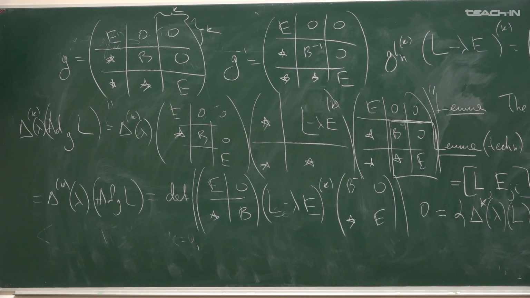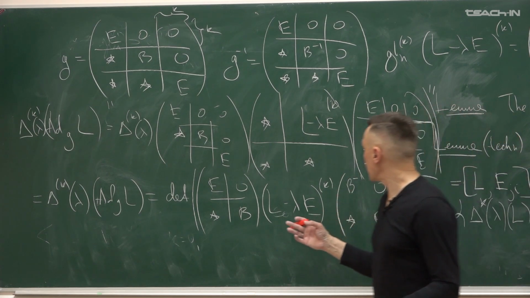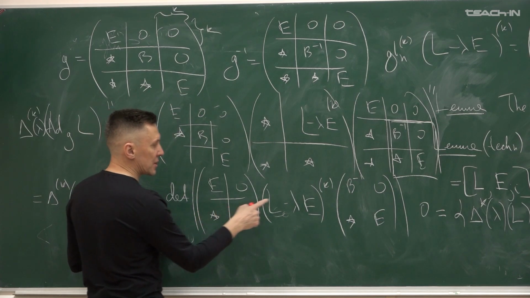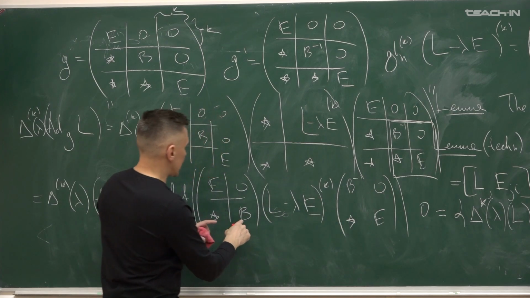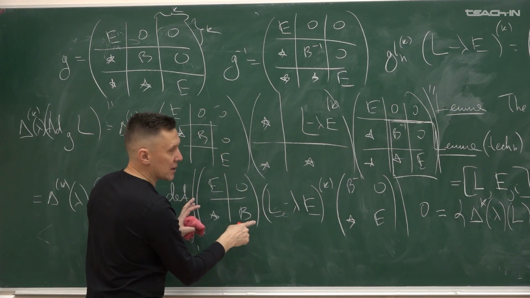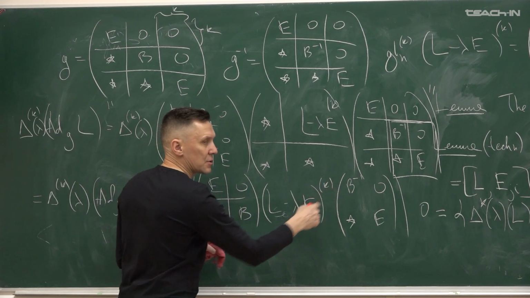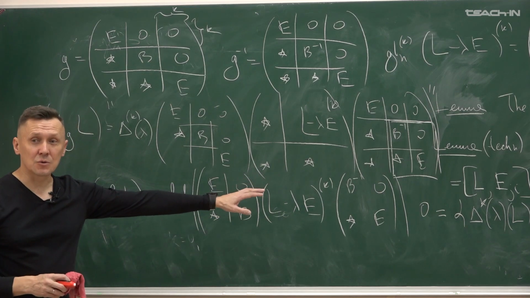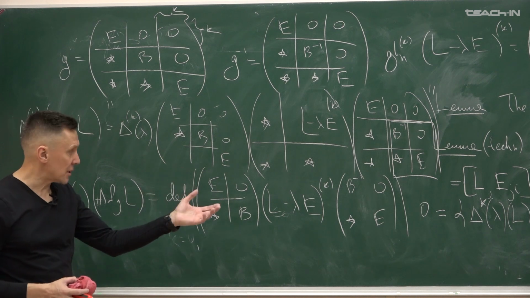So to compute this, what do we need? To compute the final result. No, the final result is obvious because it's just the determinant of this matrix, the determinant of this matrix, and the determinant of this matrix. And you see, this is a block diagonal matrix. So this is a determinant of B, and this is a determinant of B minus 1. But they are not inverse, these matrices. So it's quite a tricky calculation. The determinants are inverse.